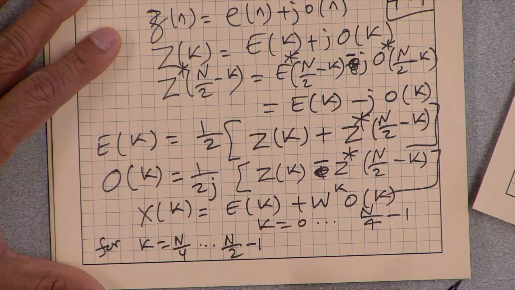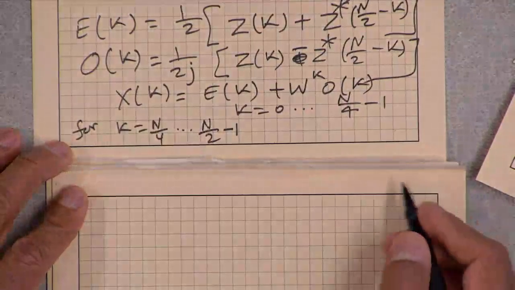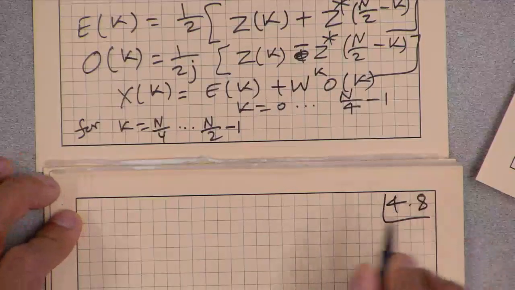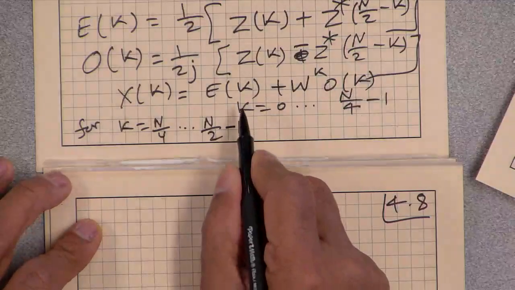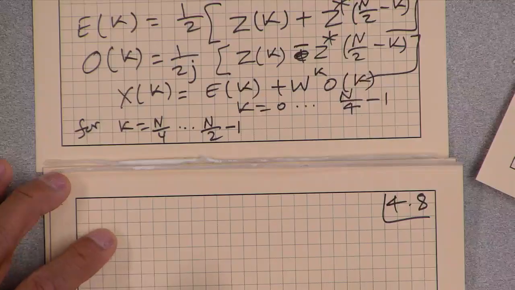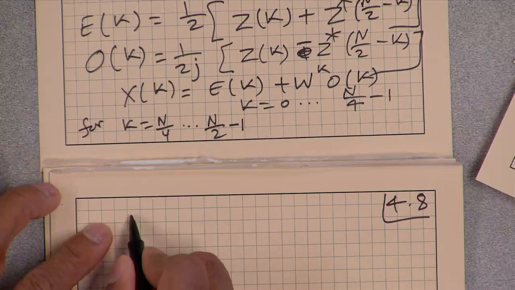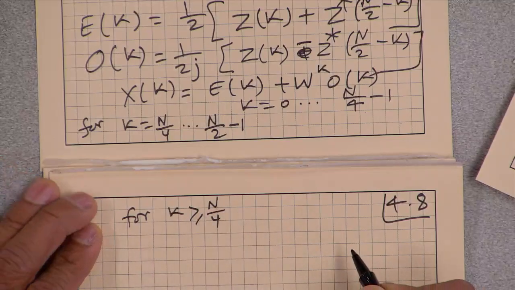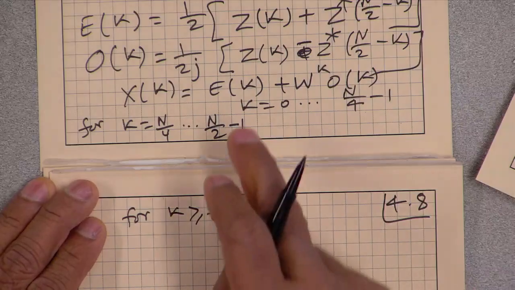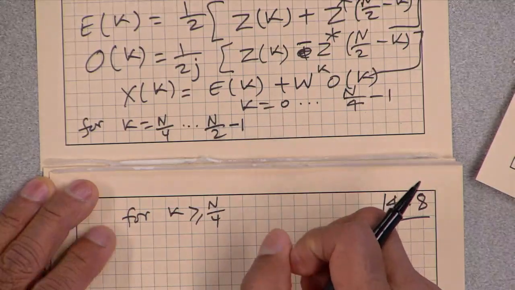I can use the symmetry property of E and O. Okay, so when k is greater than or equal to n by 4, how can we express that in terms of a DFT coefficient that is between 0 to n by 4 minus 1?